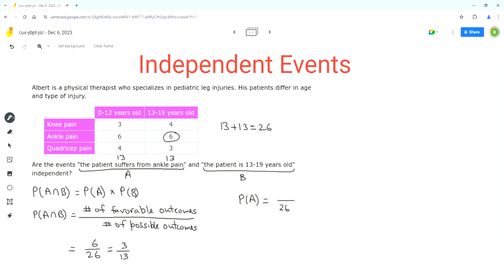And if we want to select a patient that suffers from ankle pain, there are 12 possible favorable outcomes because there are 12 patients who have ankle pain. So we have to add the number of patients in the middle row. 6 plus 6 is equal to 12. So the probability for event A is 12 over 26, and we can reduce this fraction by dividing the numerator and the denominator by 2.